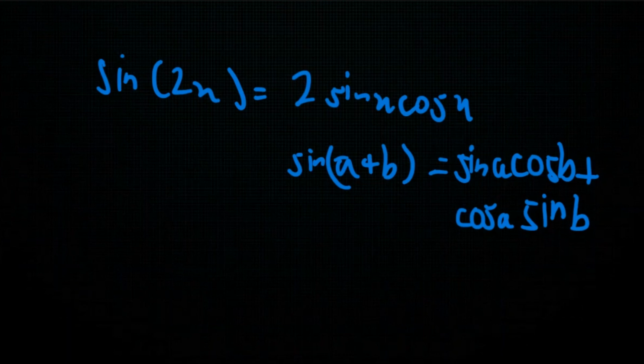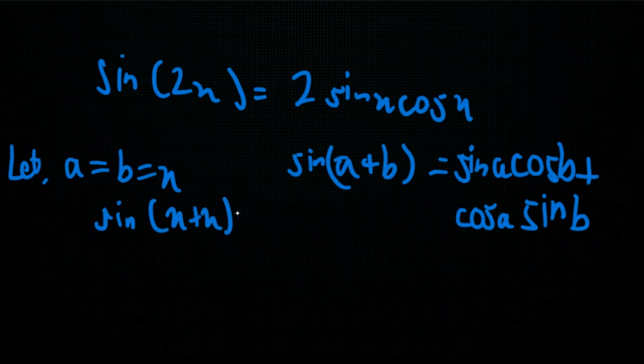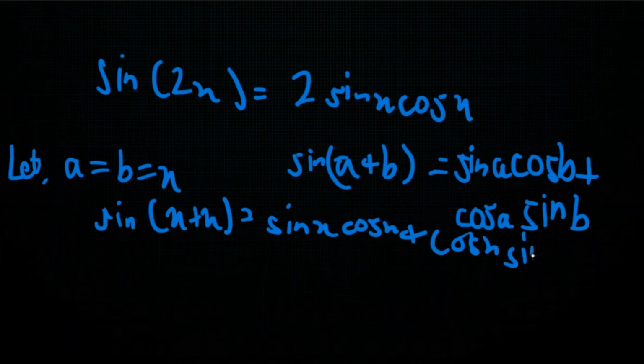Now let a and b equal x. Therefore, the equation will be sine(x + x) equals sine x cos x plus cos x sine x. Now we can simplify it to sine 2x.